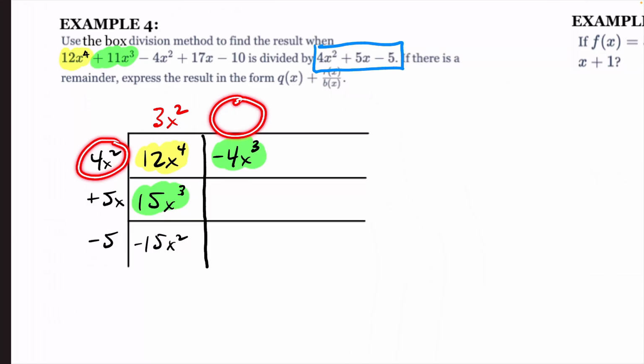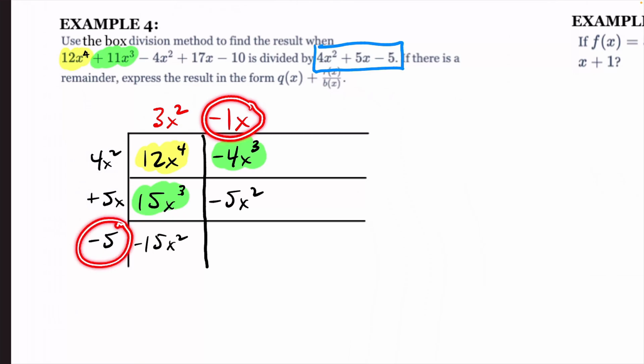So I need negative 1x, or just negative x. Then I multiply and get negative 5x squared, and then positive 5x. Close off that section of the box.